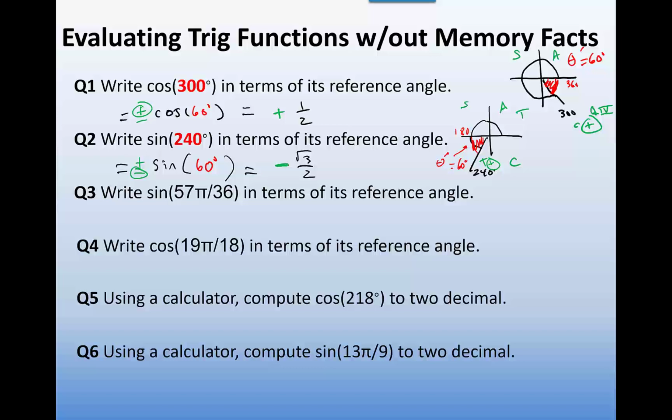Now, those of you in my class using Newton, they do have a few other problems where they're asking you to write the final answer in terms of the reference angle. And if you're writing in terms of the reference angle, ultimately what that means is you don't need the ratio.